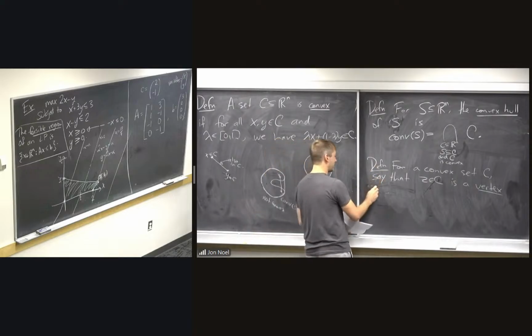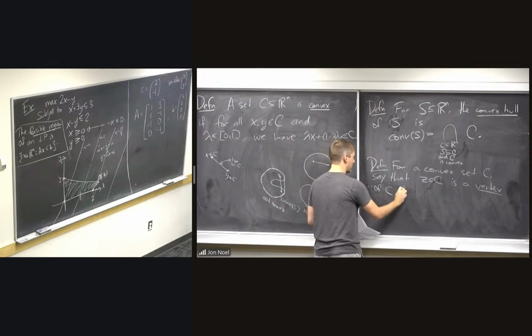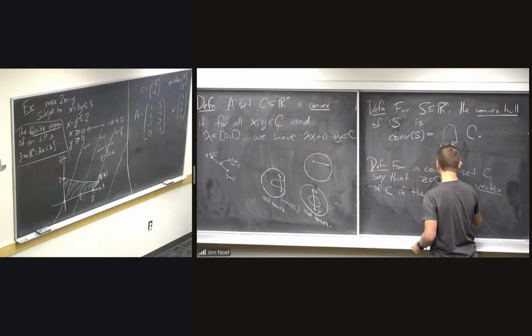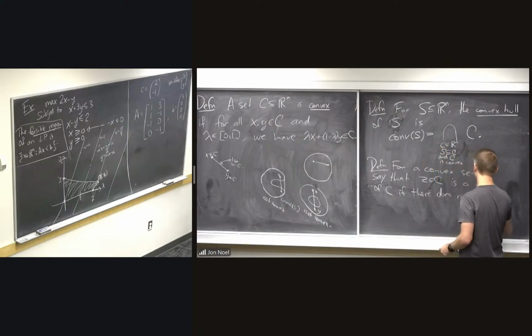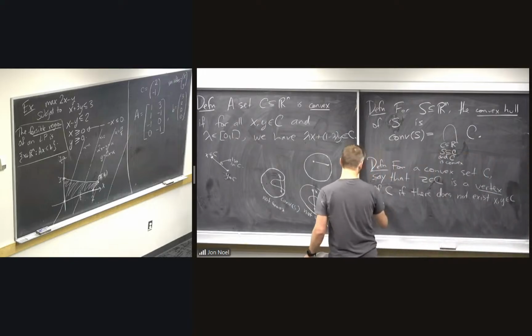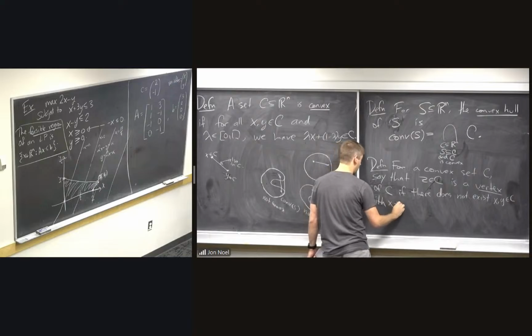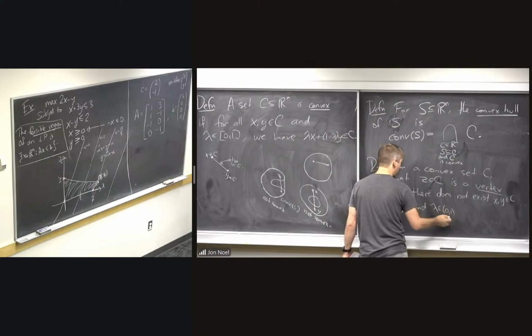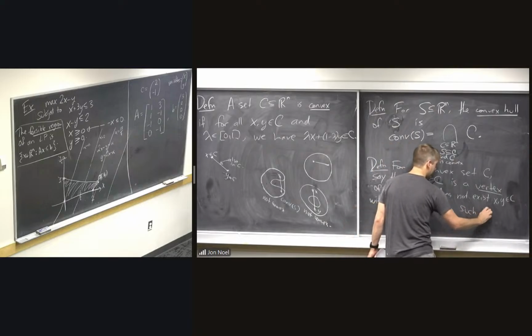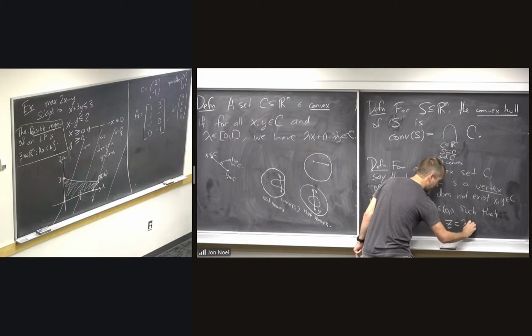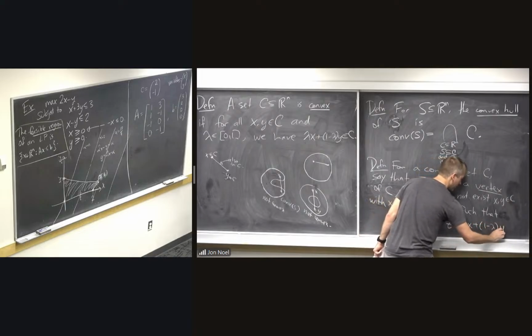So z is a vertex of C if there does not exist x and y in C with x not equal to y and some lambda in the open interval (0, 1) such that z equals lambda x plus 1 minus lambda y.